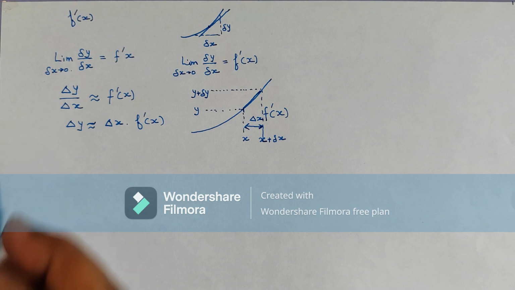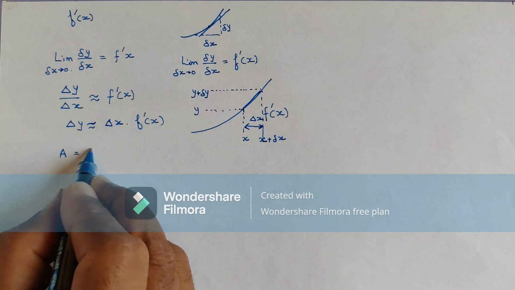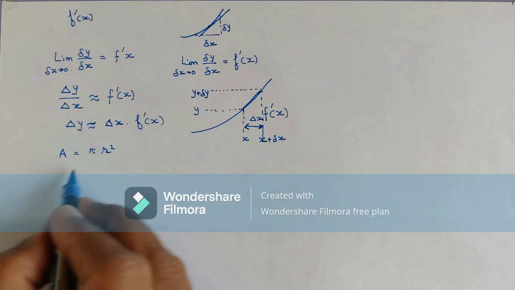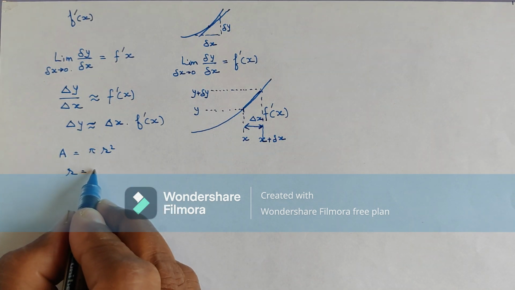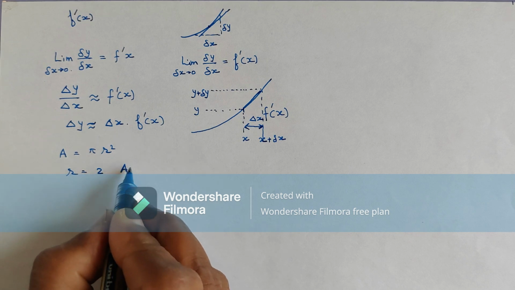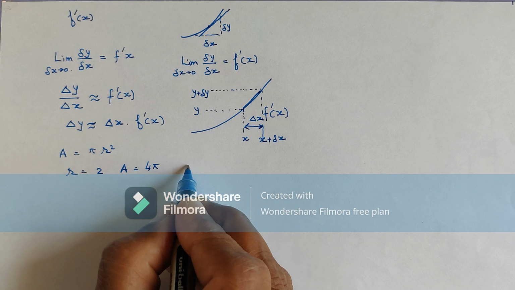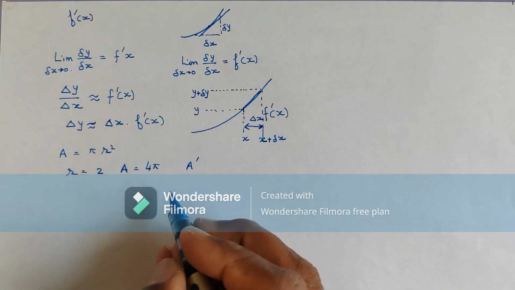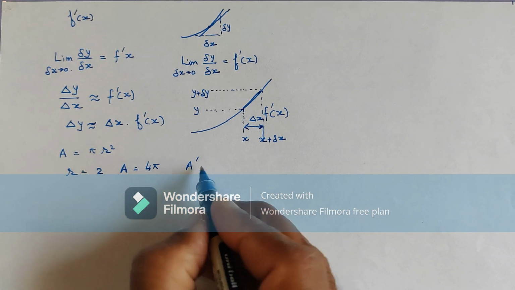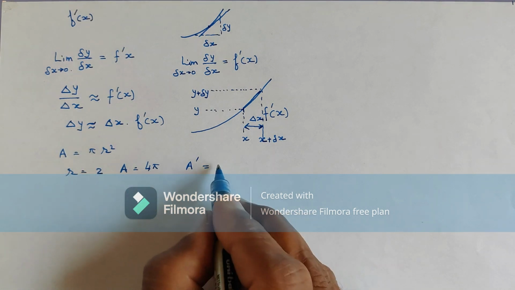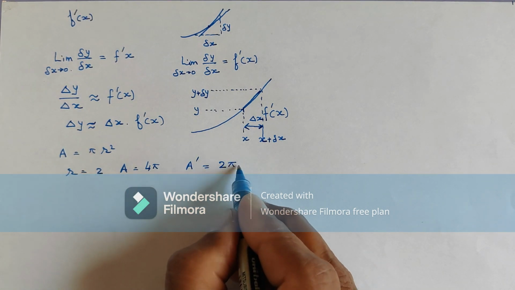Let me take an example of area equal to pi r square. For r equal to 2, we know area is equal to 4 pi, and we know a dash, which is the derivative of a, the derivative of pi r square, is 2 pi r.